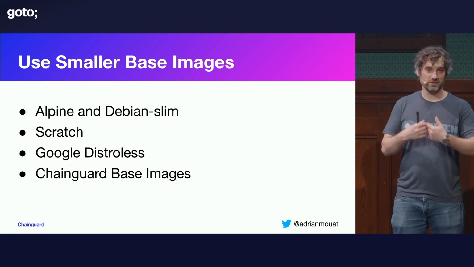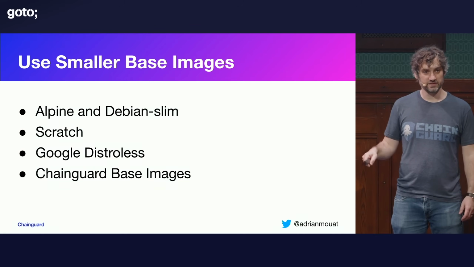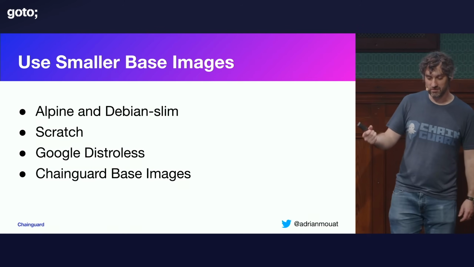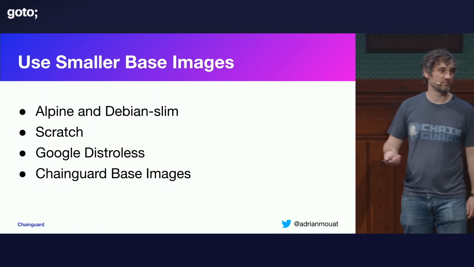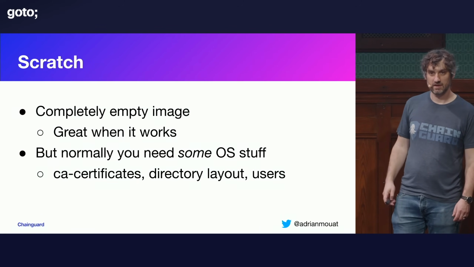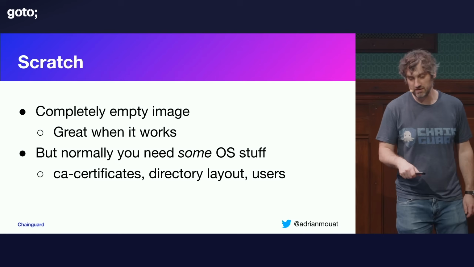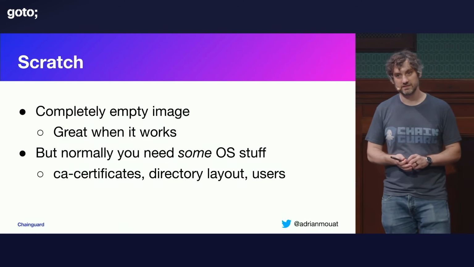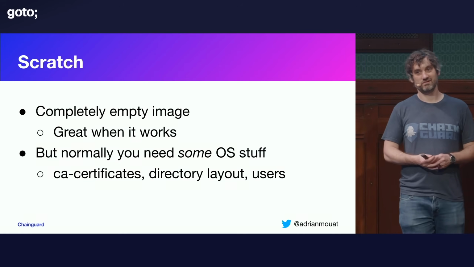Scratch is the completely empty Docker image, which you can use in some cases, and I'm going to talk about that and how that leads into Google Distroless and the Chainguard approach to base images. So Scratch is the completely empty image. There's nothing in it at all. It sounds quite useless, but in fact, it is pretty cool.